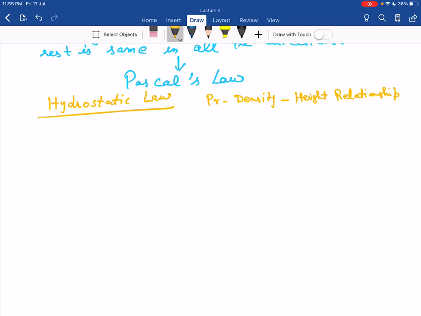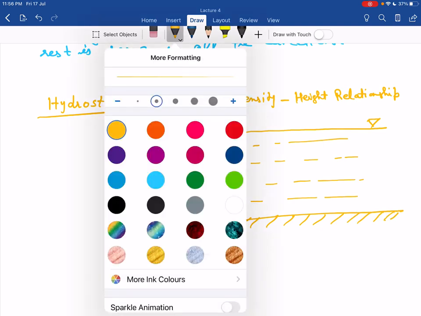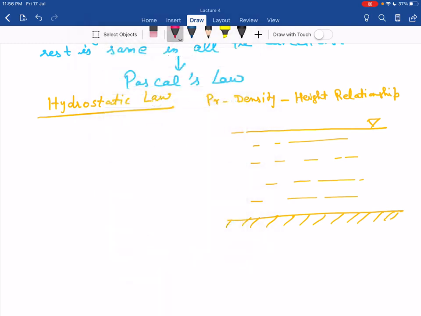Now, let us say we have a static liquid here, and this is the bottom line we have. So now we consider a cylindrical fluid element in this fluid static condition.